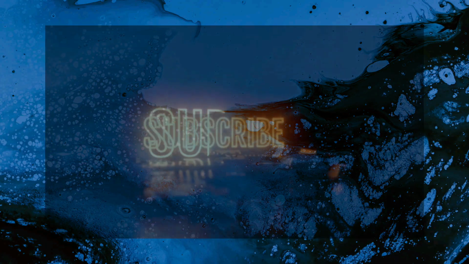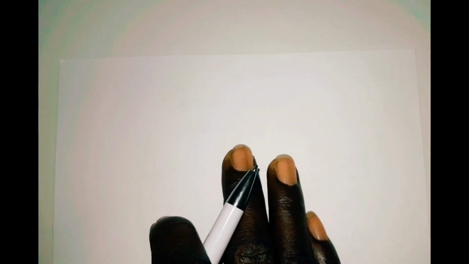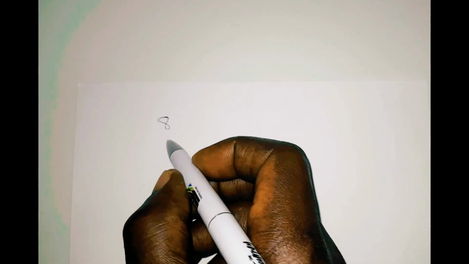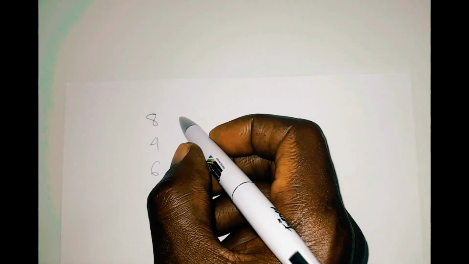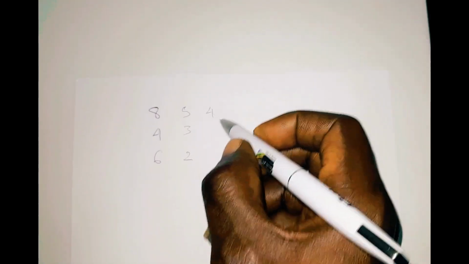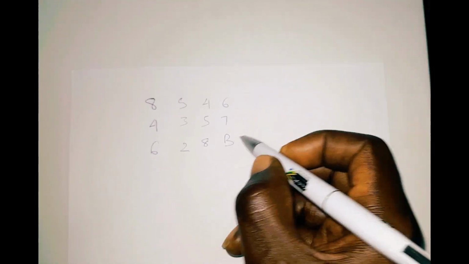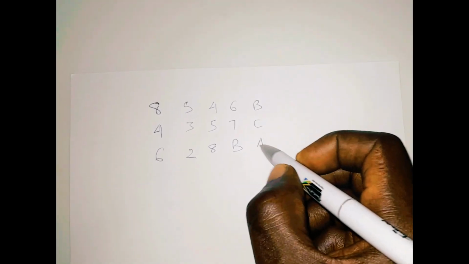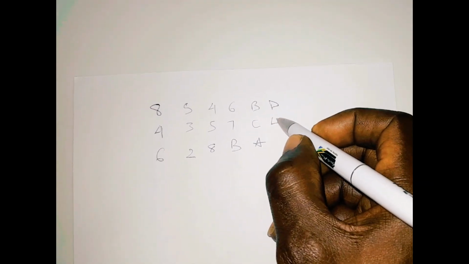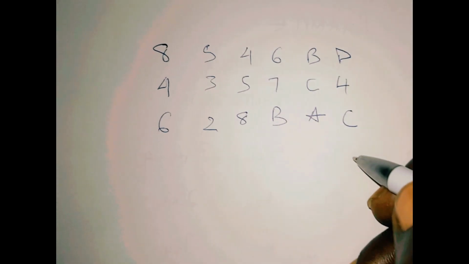In cases whereby you come across a question as this, take this final example. We have 8, 4, 6, 5, 3, 2, 4, 5, 8, 6, 7, B, B, C, A, D, 4, C. To get the dimension of this matrix, we have to break it further.